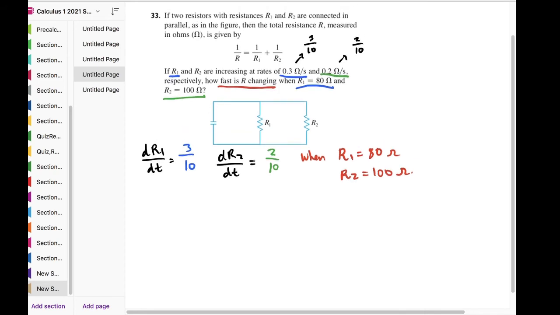Okay, so what's our first step after establishing some givens? What do we do now? How do we find how fast the total resistance R is changing? When in doubt, just take the derivative of something, right?